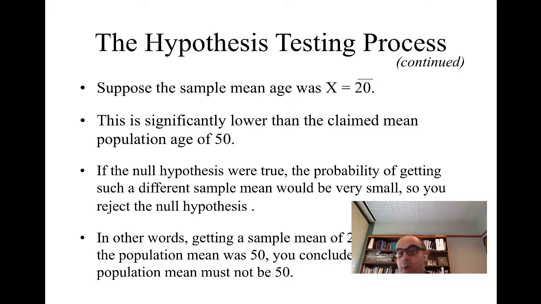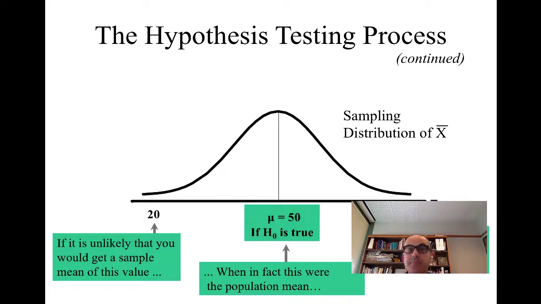If the null hypothesis were true, the probability of getting such a different sample mean would be small, so you can reject the null hypothesis. In other words, getting a sample mean of 20 is unlikely if the population mean is 50, so you can conclude that the population mean must not be 50.